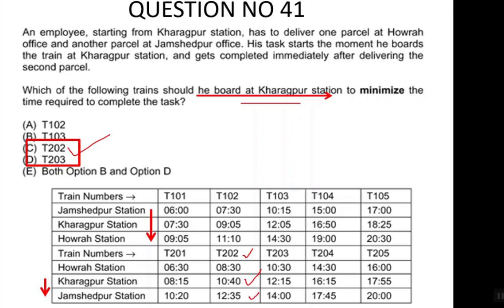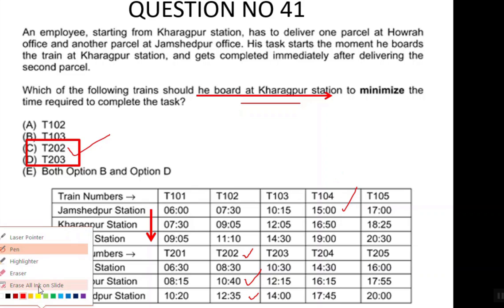So he will be coming back to the station at 2:05. Now from Jamshedpur, he needs to board a train towards Howrah station, which will be available at 3 o'clock. May or may not be a solution, because here he has to wait at the station for 55 minutes. So let us try to understand, can there be any other solution?